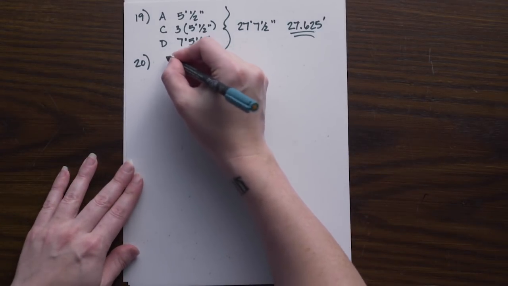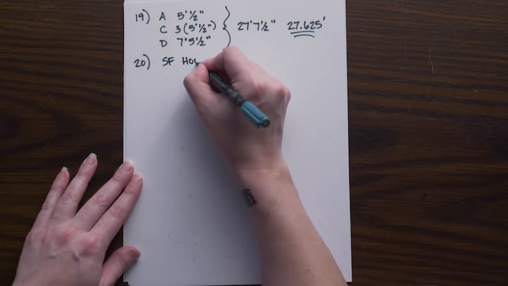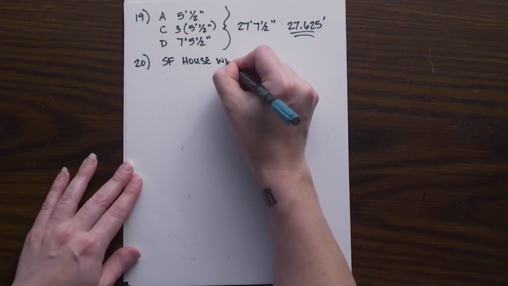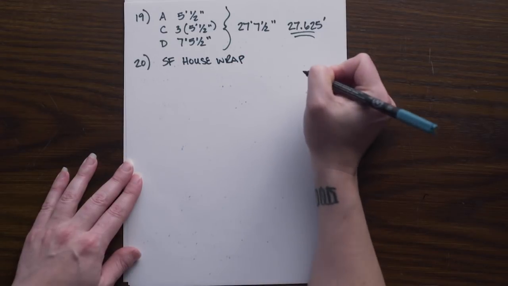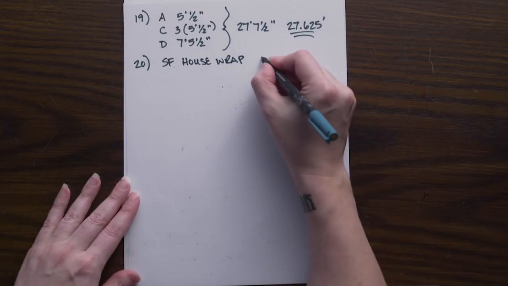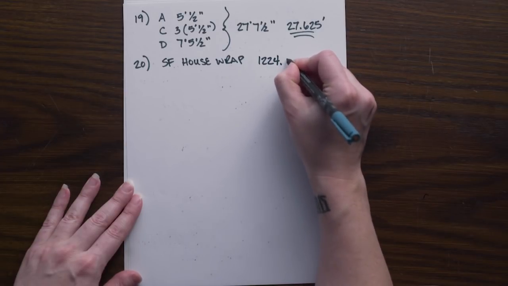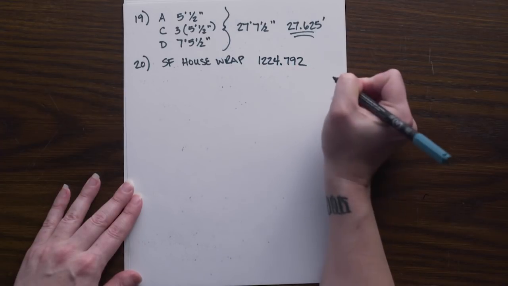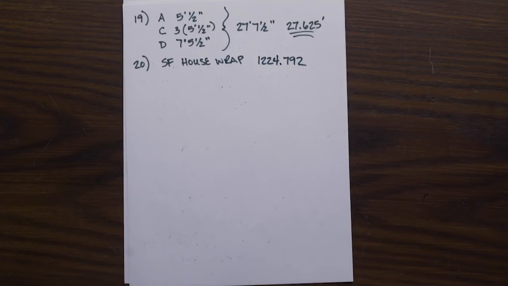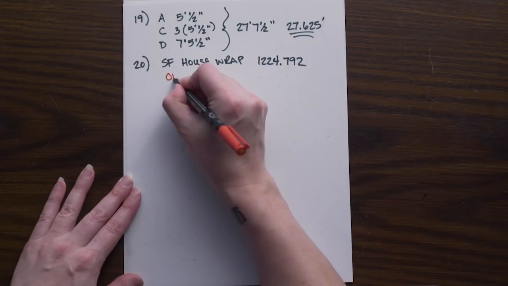So if we look at our square foot for our house wrap, that is where we had 1224.792. Then, if we want to subtract, we will look at our openings.